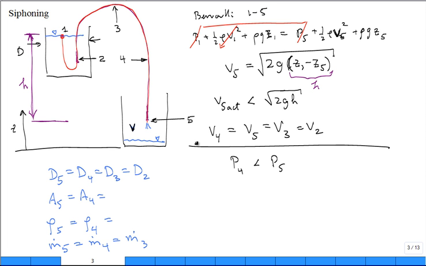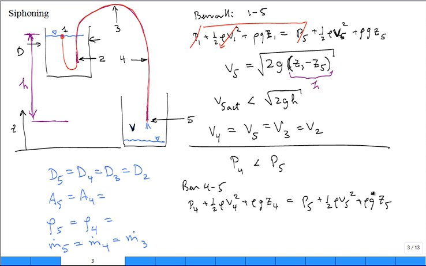So if you apply Bernoulli 4 to 5, just write it out the first time. So Bernoulli 4 to 5, what does it look like? Then what you were saying is, now I notice that this speed right here is equal to that speed right there. Hence, their kinetic energies, the velocity pressures, are the same. They cancel on both sides of the equation. And we want to know the relationship between P4 and P5.